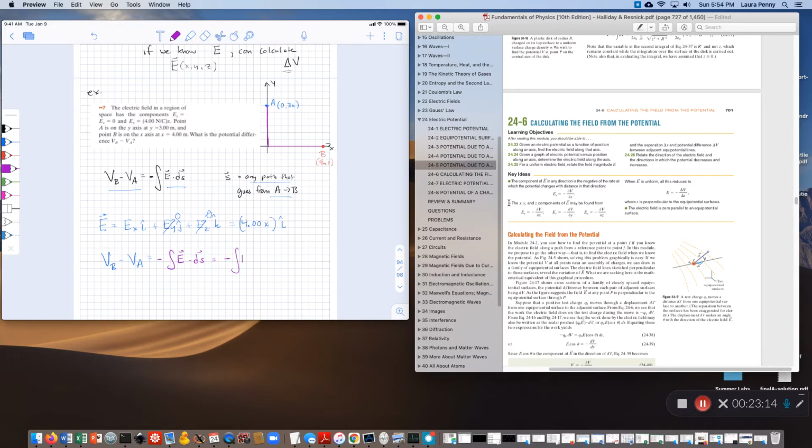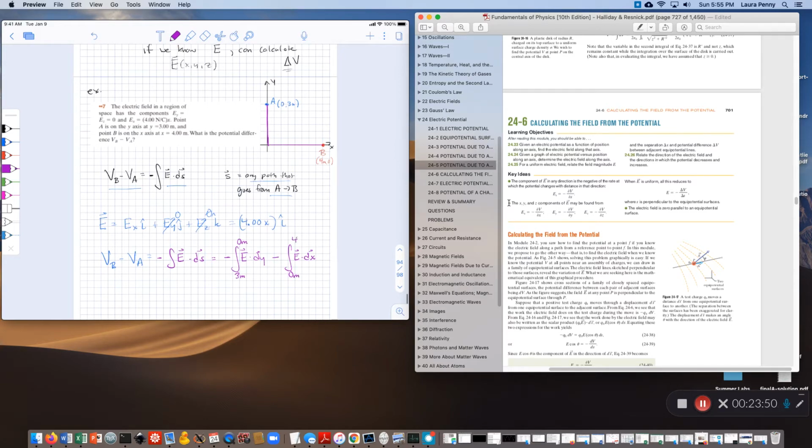One where I move along the y, from 3 meters to 0 meters, and then I move along the x from 0 meters to 4 meters.